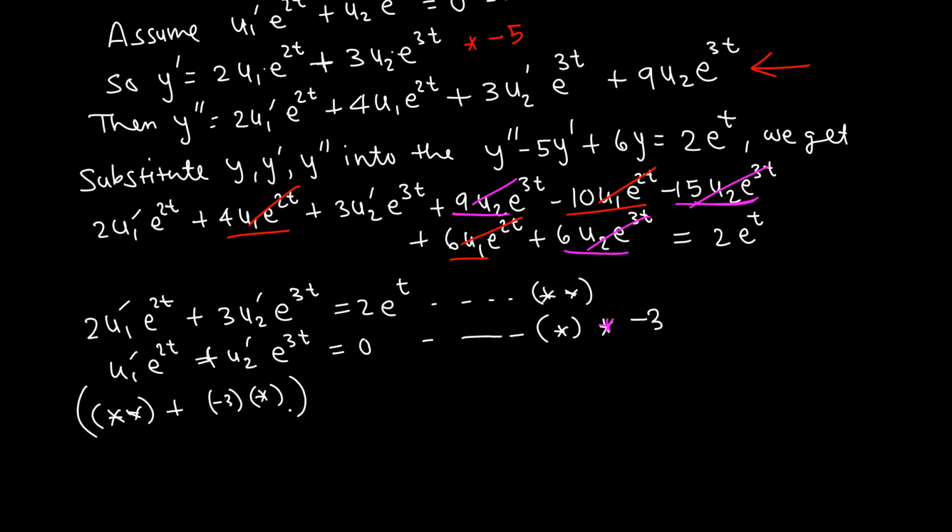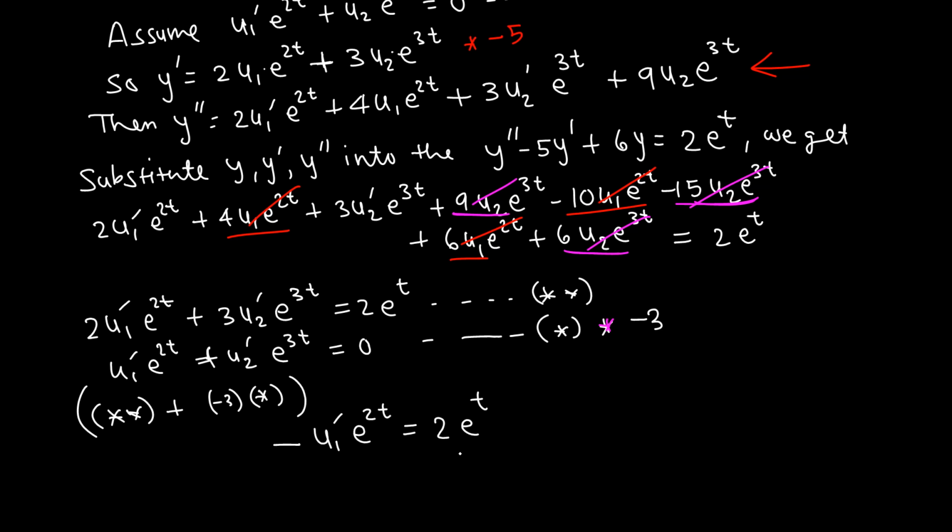We multiplied equation star by -3 and add with first, then these two terms cancel. Once we multiply by -3, so 2 u1 prime minus 3 u1 prime, that leaves -1 u1 prime e raised to 2t. This is gone, and -3 times 0 is just 0, equals 2 e raised to t.